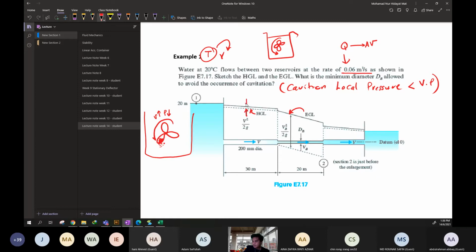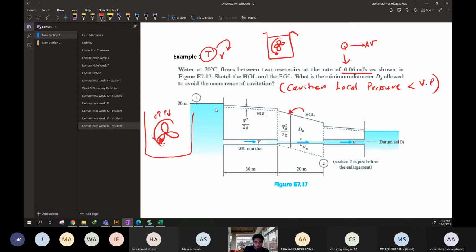The difference between the EGL and HGL is V squared over 2g. And from the center of the pipe to the HGL is P over gamma. Please explain like that when you encounter it in your exam or your test. This is not a hint, just a precaution.